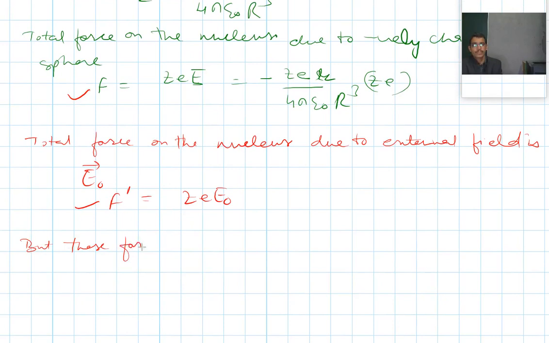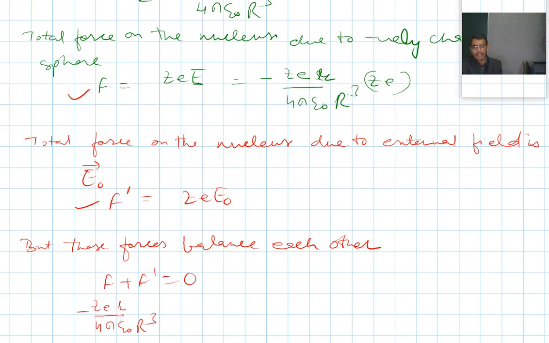But these forces balance each other, as I have discussed in the beginning. So that means F plus F prime must be equal to 0, and let us put their values. So it is minus Ze r over 4 pi epsilon naught R cube into Ze plus Ze E naught must be equal to 0.